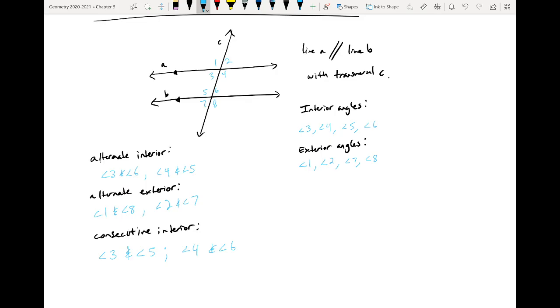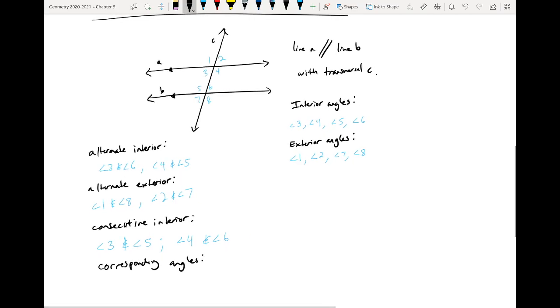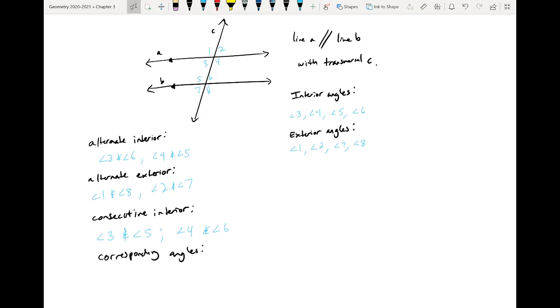All right, next. And last, we're going to refer to our corresponding angles. All of these are in play now, whether they are interior or they are exterior. So we are going to identify all of these that are corresponding. When they have corresponding, it means that they have corresponding positions.